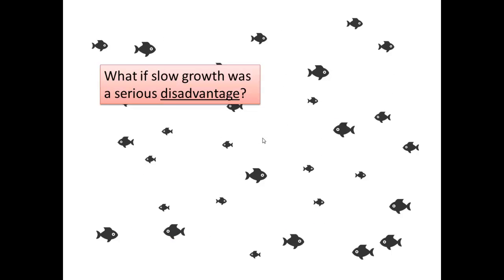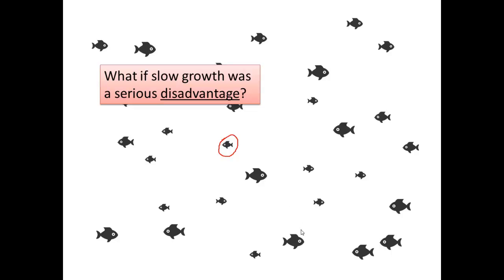So here's our original population again. And we can ask ourselves, what if slow growth was a serious disadvantage? Because you can think of a lot of scenarios where slow growth would be a bad thing for a fish. For example, if you grow slowly, that means you're going to be vulnerable to other predators much longer.